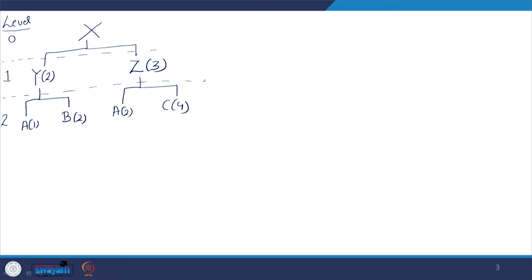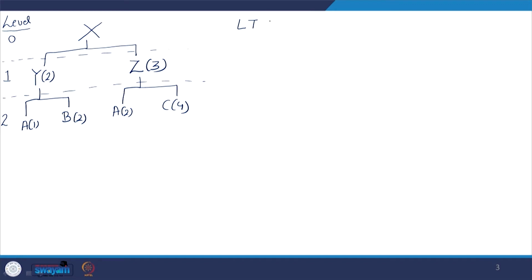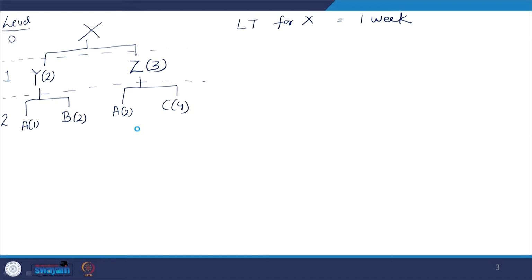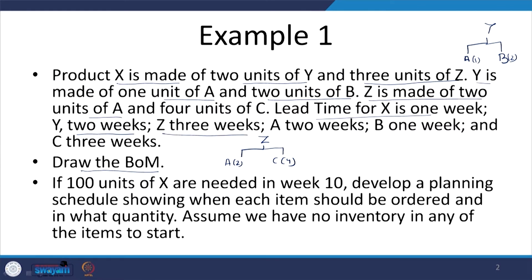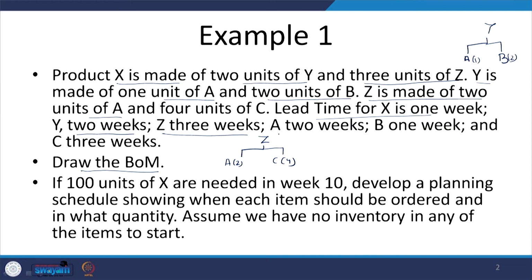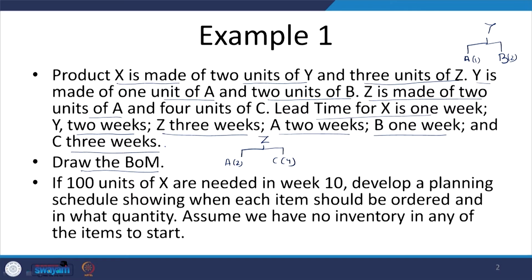And then the lead times are also given to us: lead time for X is 1 week, for Y it is 2 weeks, then coming to Z, 3 weeks, then for A it is 2, then further for B it is 1 week, and then for C it is 3 weeks.